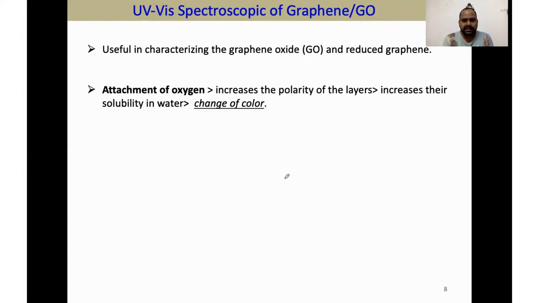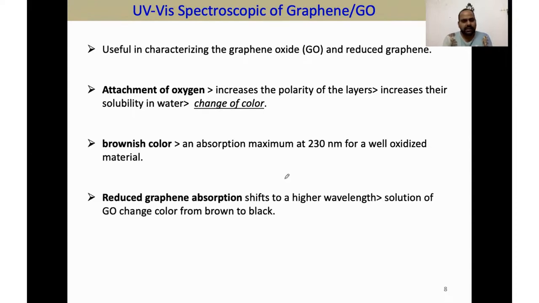Let's first think about graphene oxide, because graphene oxide gives a very clear-cut absorption peak. The attachment of oxygen increases the polarity of the layer, and this also makes the graphene more water soluble. So we can easily disperse graphene oxide in water, and therefore we also observe a change in color; the color of graphite is not similar, because it is dispersed in water and is a little bit different.